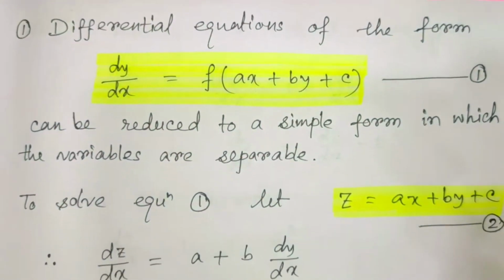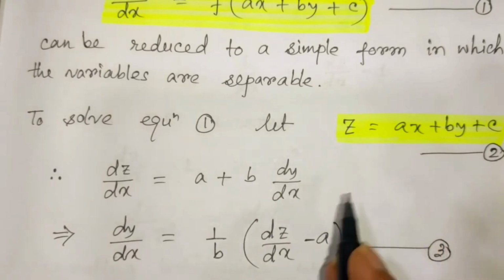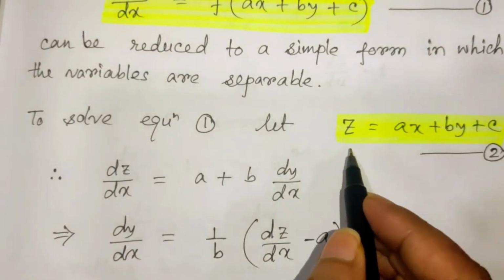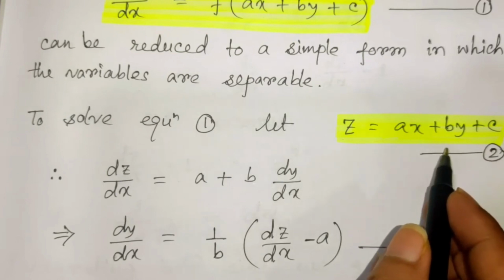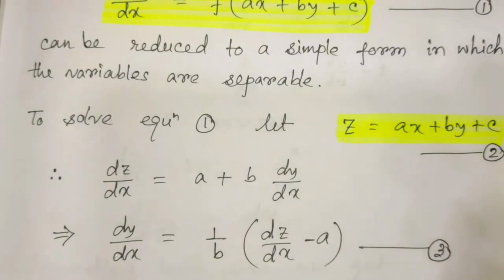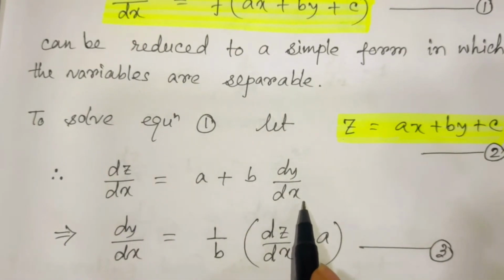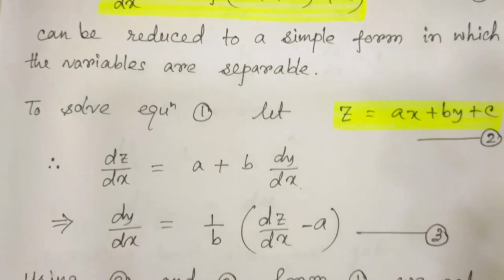After that we take the derivative with respect to x, so that we will find dz by dx is equals to a plus b into dy by dx plus 0. C is a constant, that's why its derivative is 0. So by differentiation we shall find this one, and from here we will find dy by dx is equals to 1 by b into dz by dx minus a.